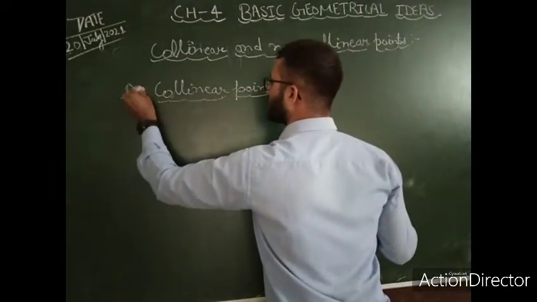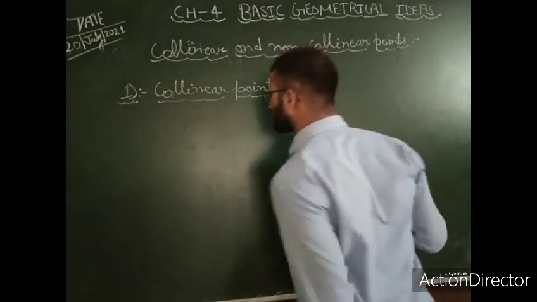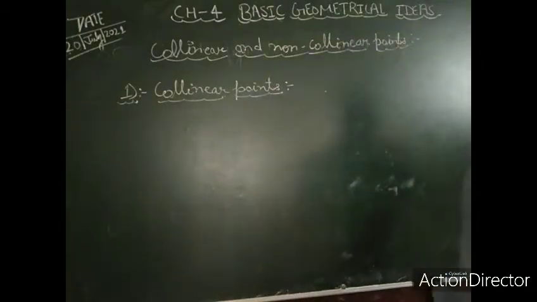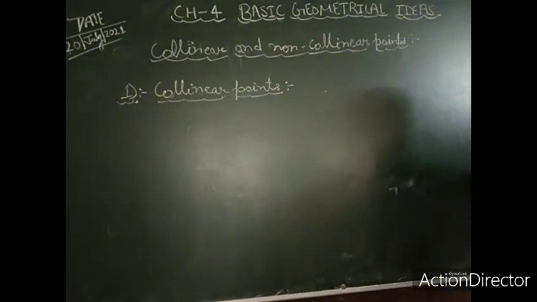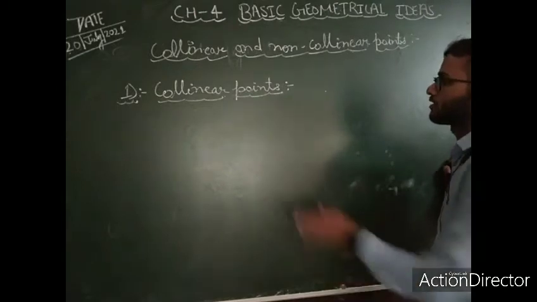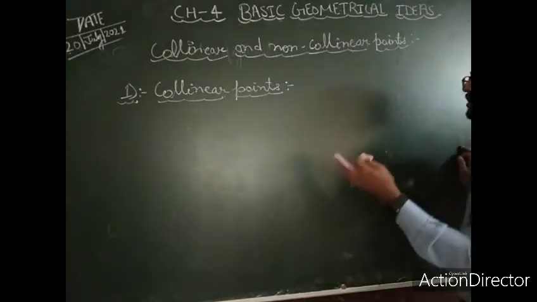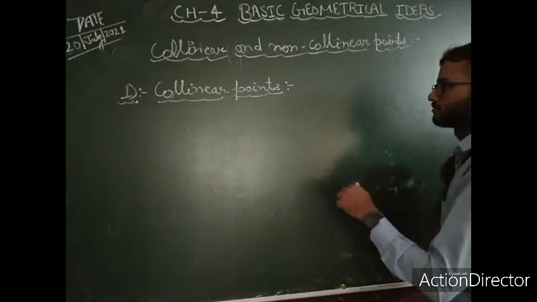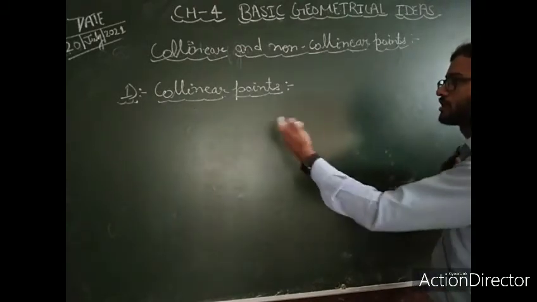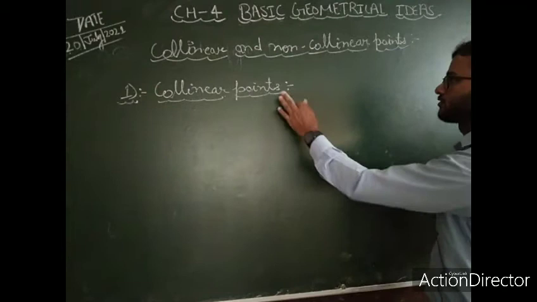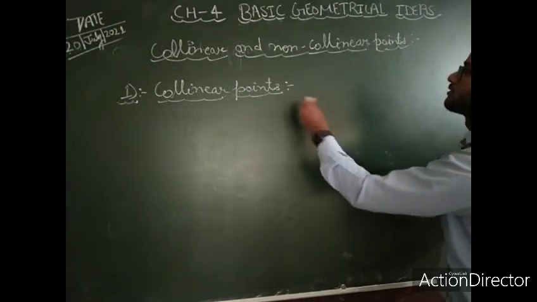So what are collinear points? If the points lie on the same line, these points are known as collinear points. So here first we write the definition of this term.